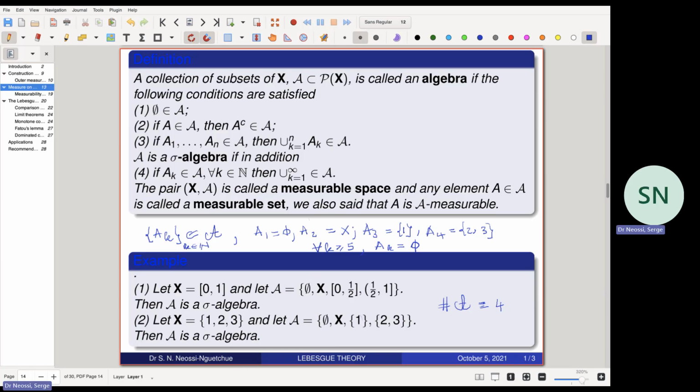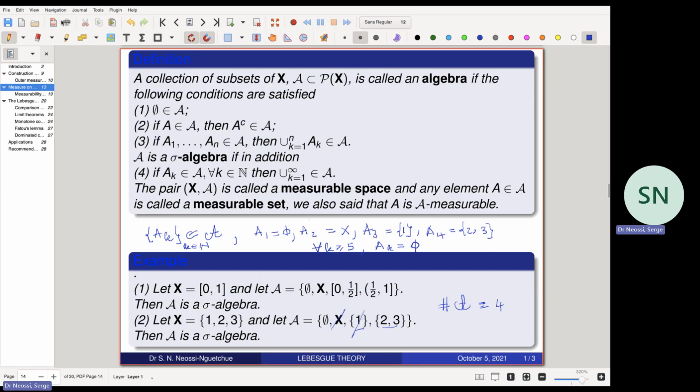So we can construct our sequence in which none of the A_k will be X. Still, the union will give us X, because if these two are already in the union, it will give us X. Even if we exclude X and the singleton one, and we just take the empty set and the pair 2, 3, meaning our sequence consists of only these sets, the union will still give us the pair 2, 3, which is still an element of the collection.